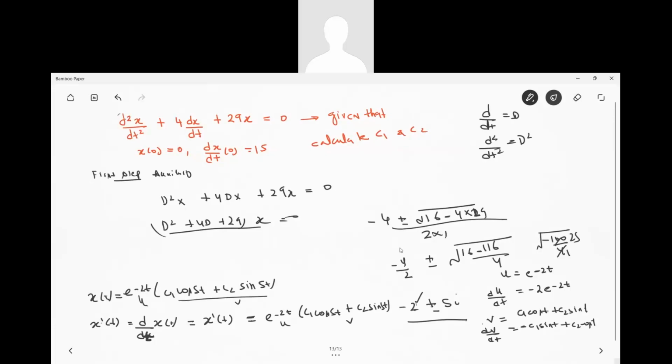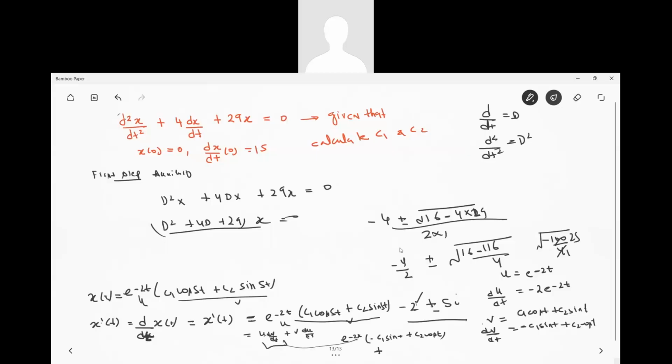Then just substitute: u into dv by dt plus v into du by dt. So u value you put e power minus 2t, and dv by dt was minus c1 sine 5t plus c2 cos 5t, times 5 from the differentiation of 5t.